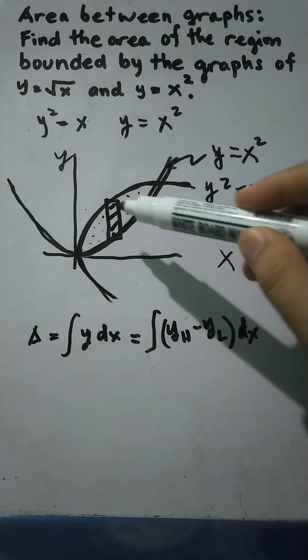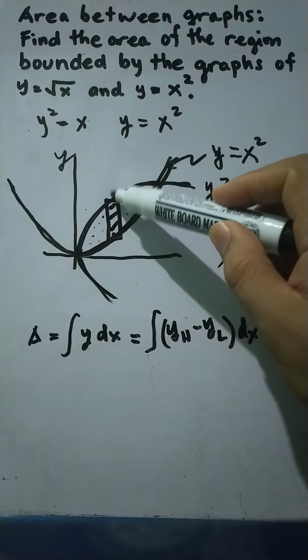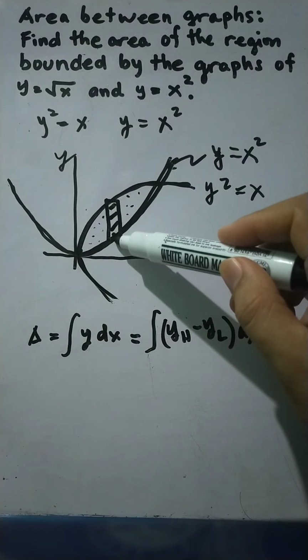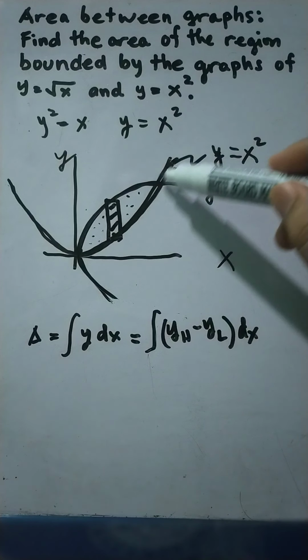So y high is the y value of this parabola, and our y low is the y value of this other parabola.